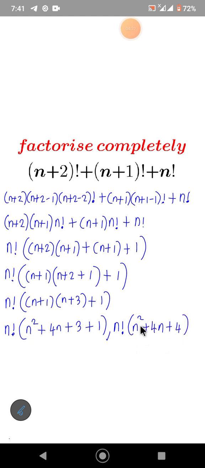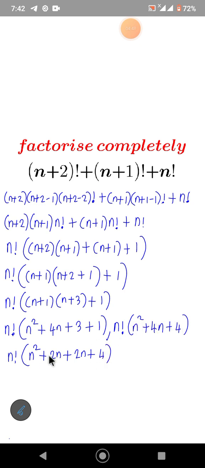Then the next step will be to factorize this quadratic expression here. So I'm going to factorize this expression completely. So now we'll continue. We'll say n factorial, open bracket, write n squared plus 2n plus 2n plus 4.